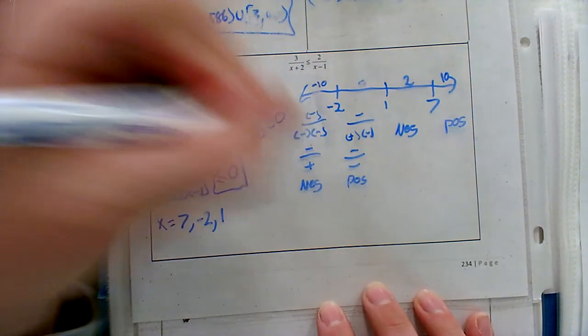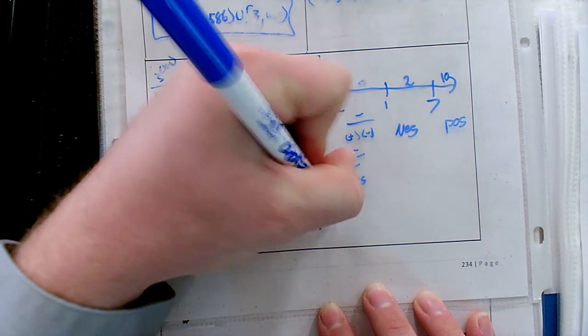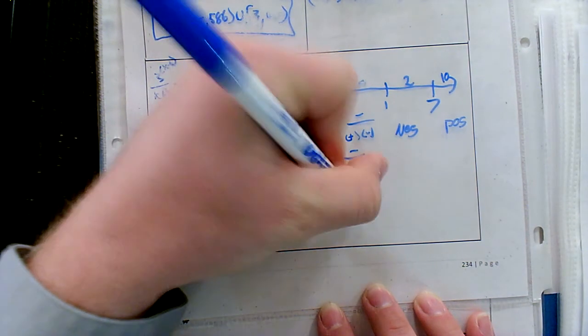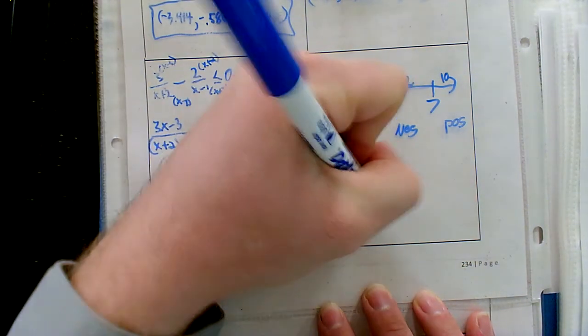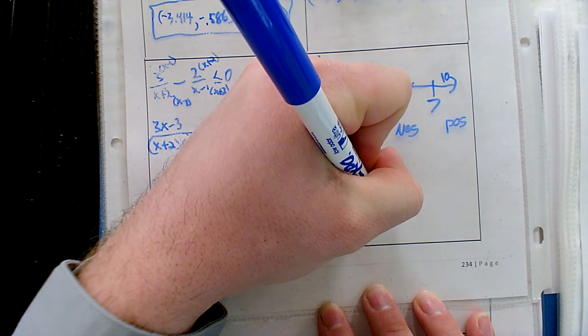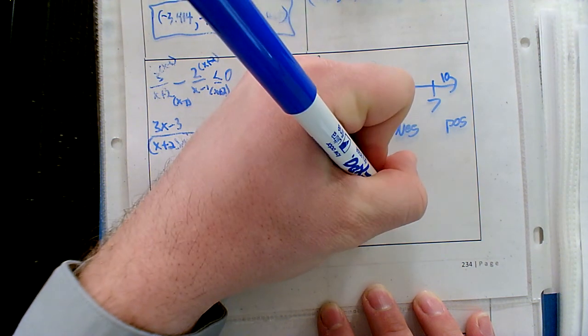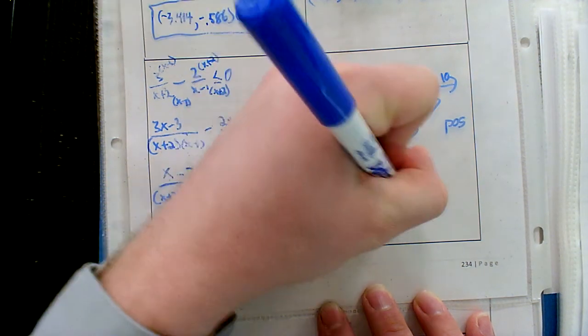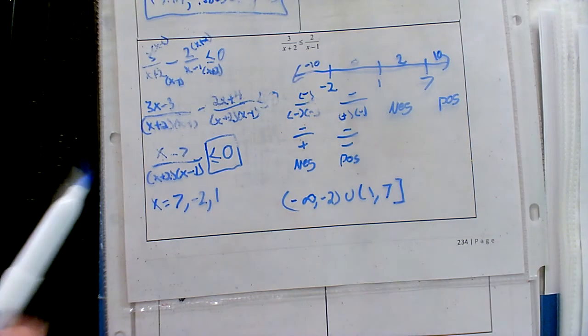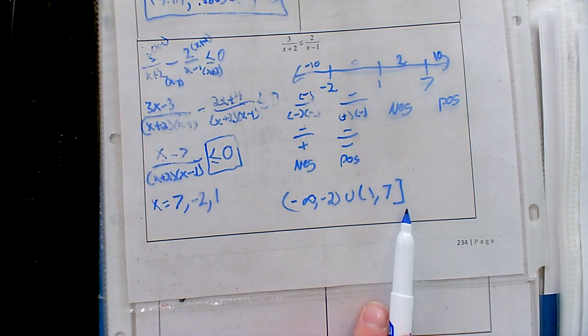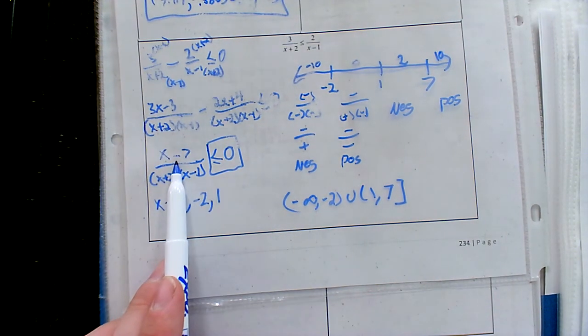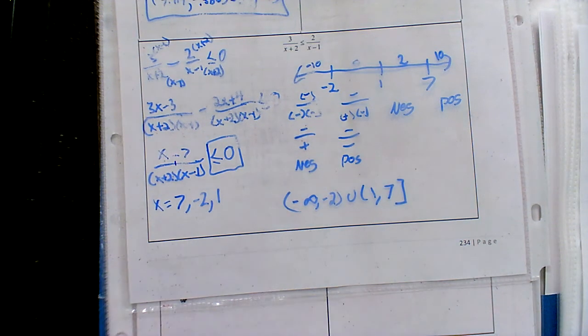Go ahead, Marie. Very good. Again, the 7 gets the bracket because that's the value that makes your original one 0. The other ones are parentheses.